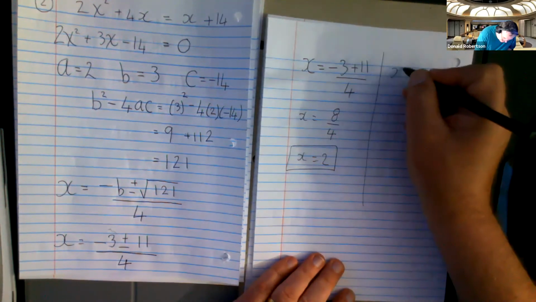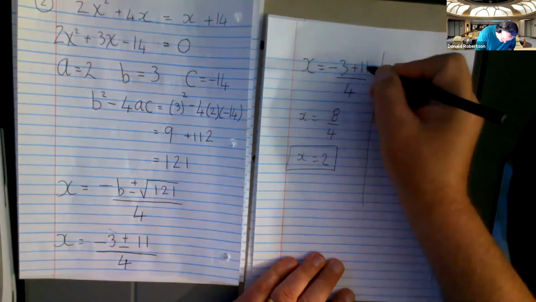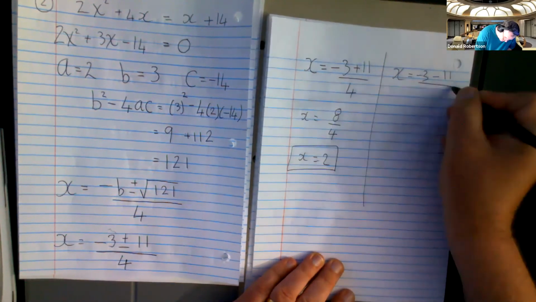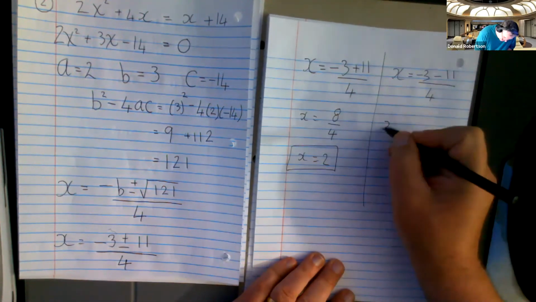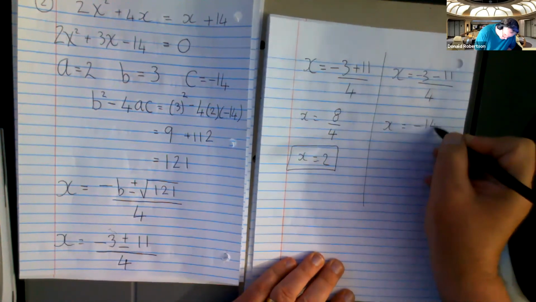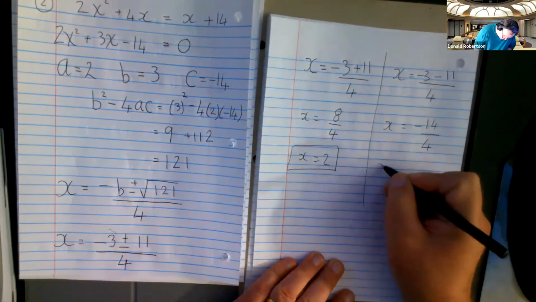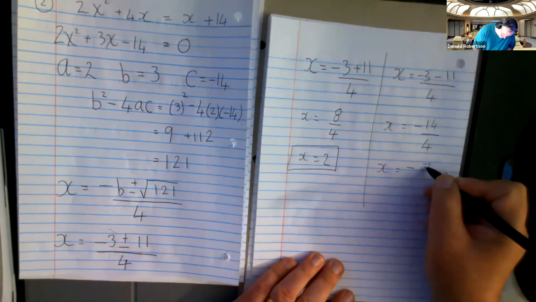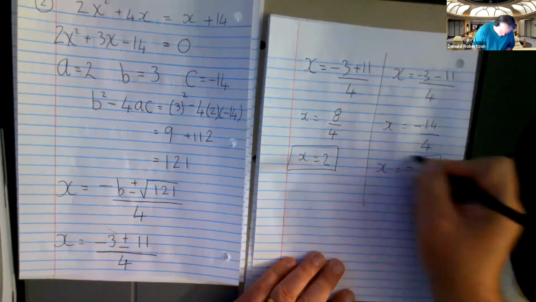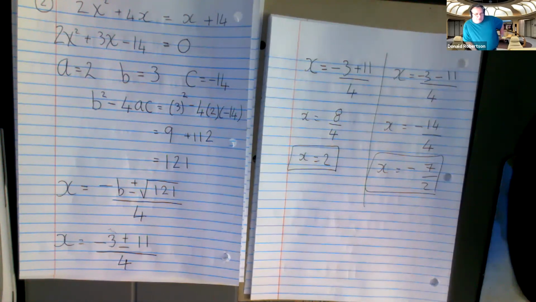The other is the same numbers, but take away 11, and that's going to be negative 14 over 4, which simplifies down to negative 7 over 2. Did any of you get to that one, which is a much longer, more messy one? If you did, you should have hopefully got the same answer as me. X equals 2 and x equals negative 7/2.